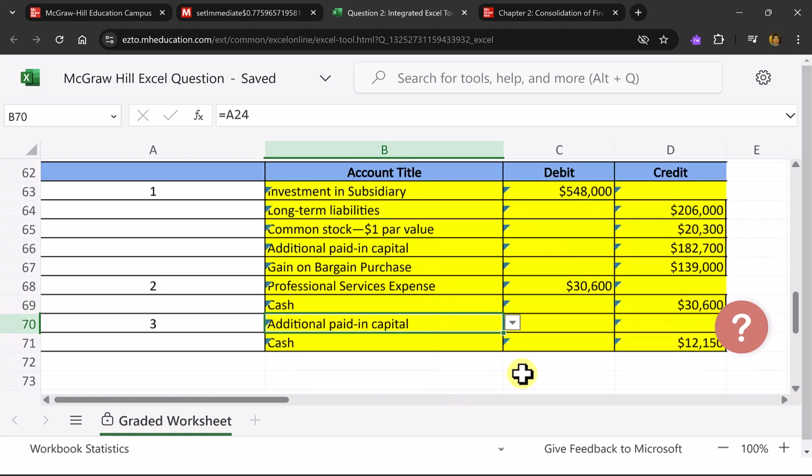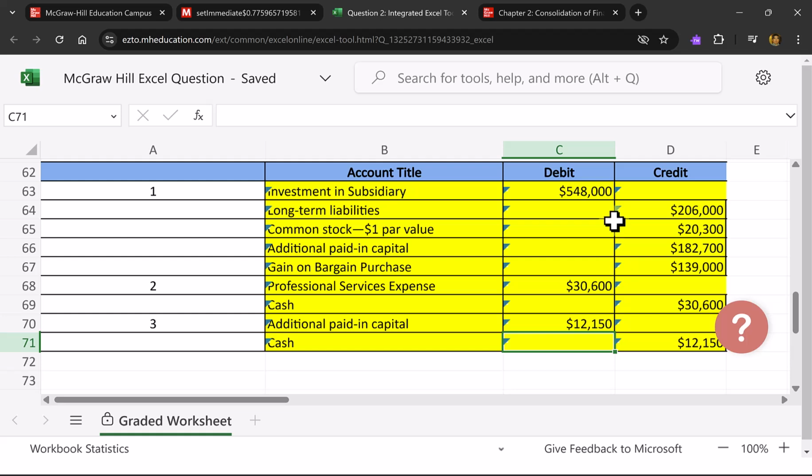Again, make sure you have either a debit or credit in the journal entries, and not both, and not this one empty. This would be empty. No, wait, I'm missing the amount. Debit. Can I grab this? Let's see what happens.